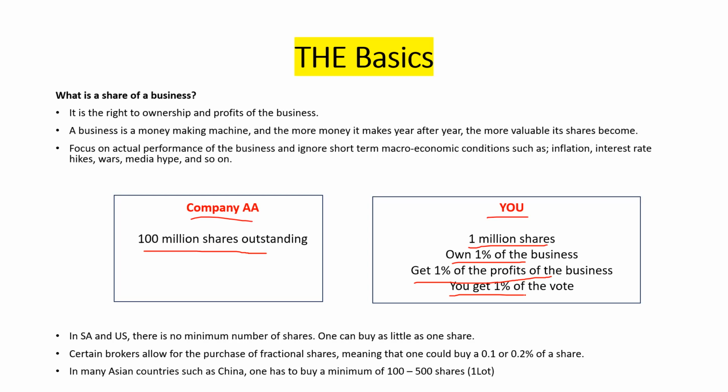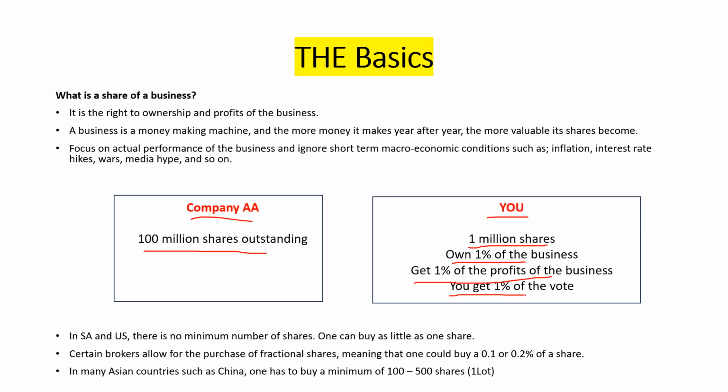Then the next question to ask would be, how many shares can I buy? Well, in South Africa and the US, there is no minimum amount. Investors can buy as little as 1 share of a business. In fact, there are certain brokers that allow you to buy a fraction of a share. For example, you can buy 0.1 of a share or 0.2 of a share.